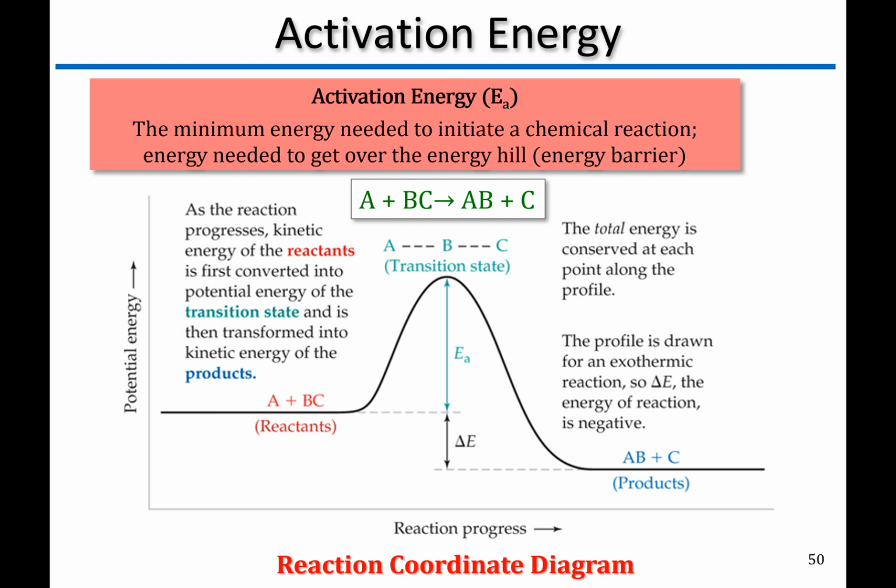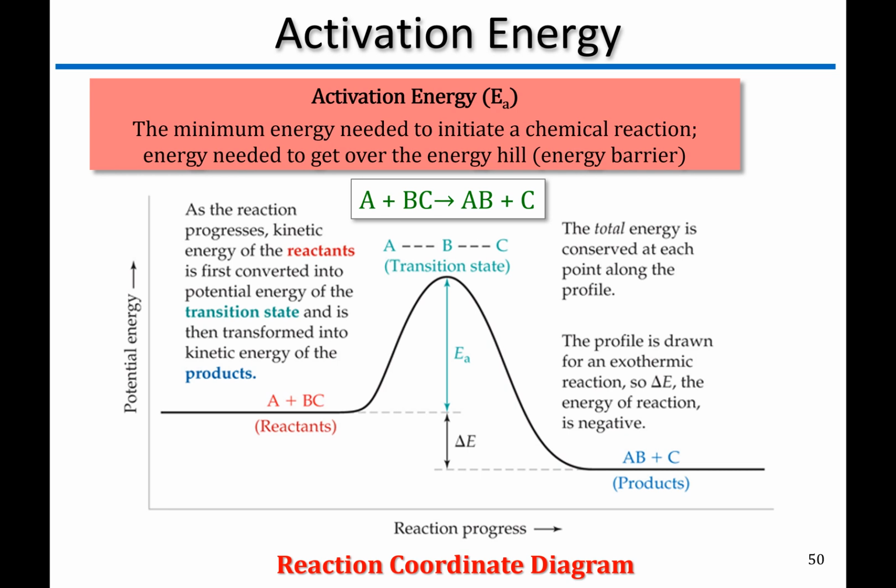So a good way of thinking of this is, I always like to use this ball on the hill analogy. It takes us a lot of energy to roll this ball up the hill, but once it's here, it has enough potential energy to roll down on its own. Then once we get over the hill, we can move all the way to our products, and that will be the complete reaction. And through this process, energy is of course conserved.